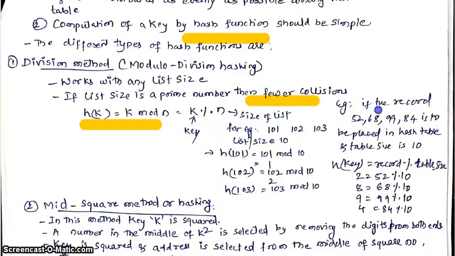For example, if the record has these items, 52, 68, 99, 84, these items have to be replaced with hash keys. So I want to give some hash keys for these items.